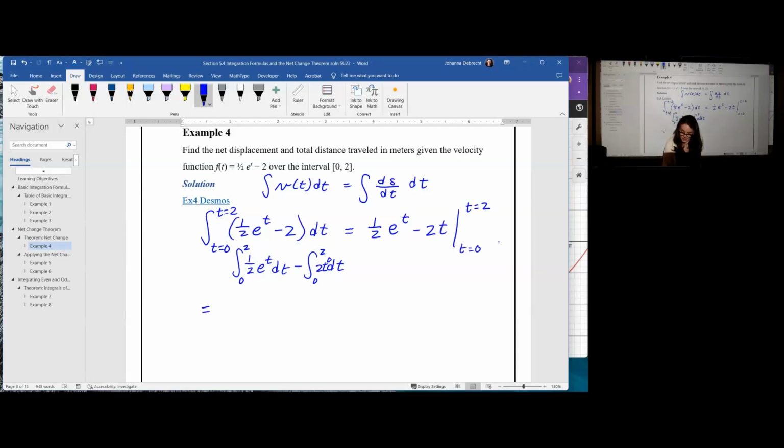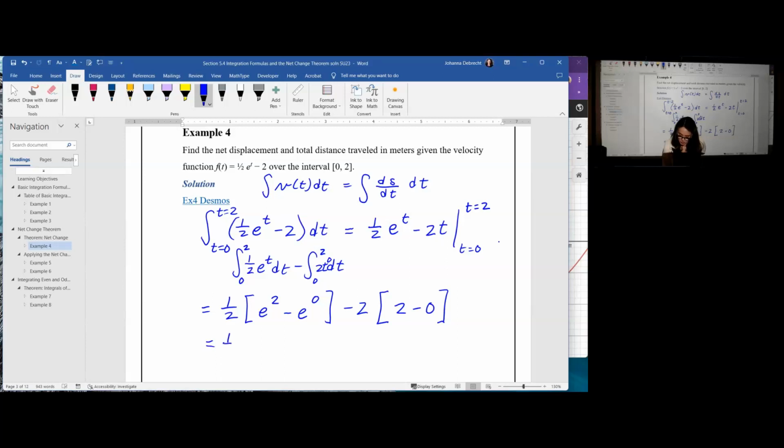Next, I'm going to factor the 1/2 off, and I'm going to substitute the upper and lower limits of integration into each term. In the second term, I factor off the -2, and I simply substitute in the limits of integration in place of t. This is going to give me 1/2 of e squared minus e to the 0. E to the 0 is not 0, it's 1.